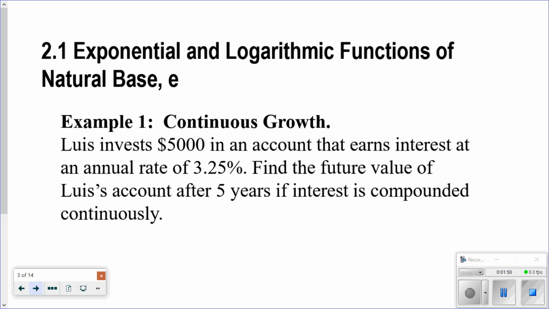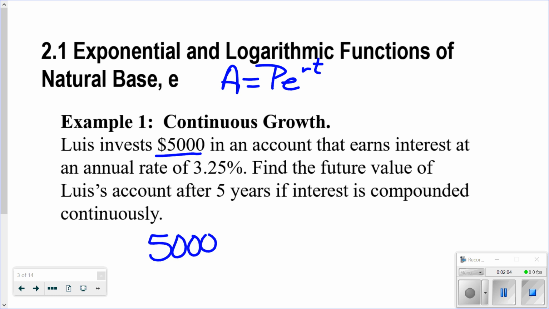So let's look at an example of that. Now remember, our formula is A equals P e to the RT. So our principal, our beginning amount is 5,000. E is our base. Our rate is 3.25%, which we are going to need to put into decimal form. Just because it has a decimal in it does not mean it's in decimal form.